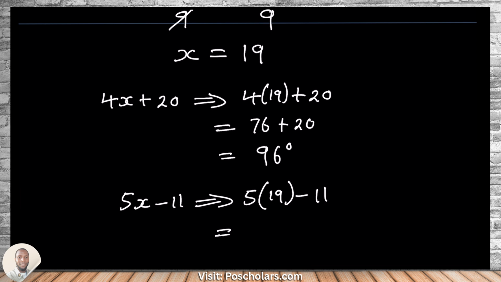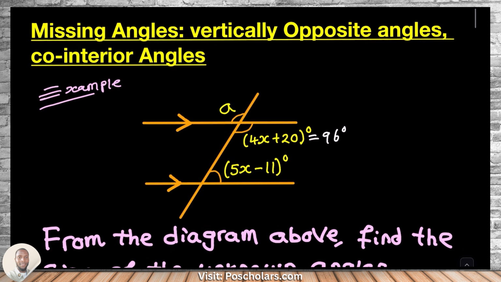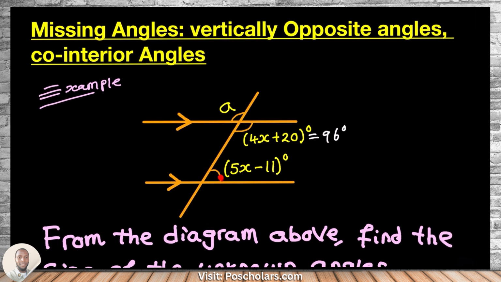When you multiply 5 and 19, you have 95. Then minus 11, 95 minus 11 gives 84 degrees. Now we have gotten the size of this angle also. The size of this angle is 84 degrees.